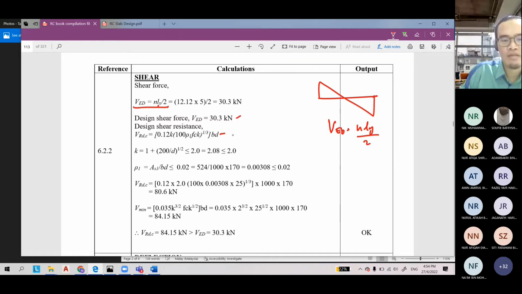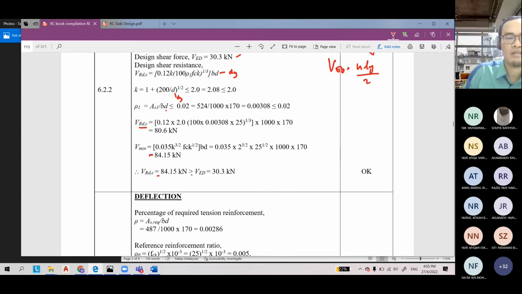And then the d is dy. This is also dy, and then also dy, and then you compare to the VRd,c and the V minimum, and make sure that this is greater than the VEd. Then it's okay. And then you check for the deflection.